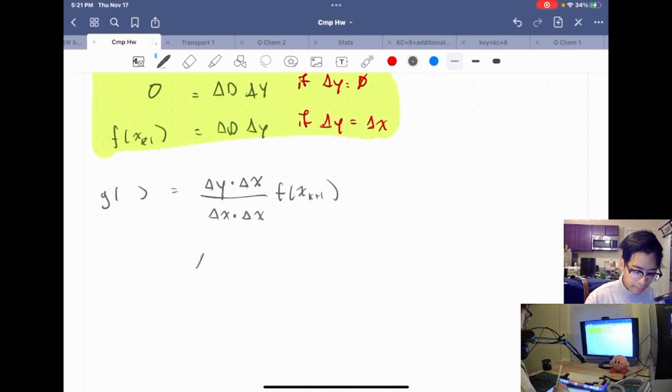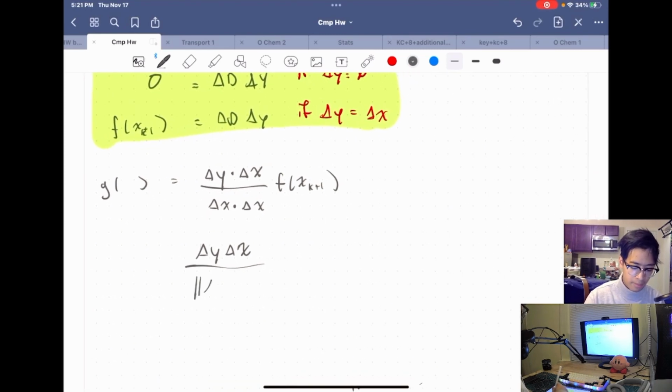We can replace this with delta y matrix multiplication delta x, and at this point this dot product I'm just going to represent as the norm. We still have f x k plus 1.